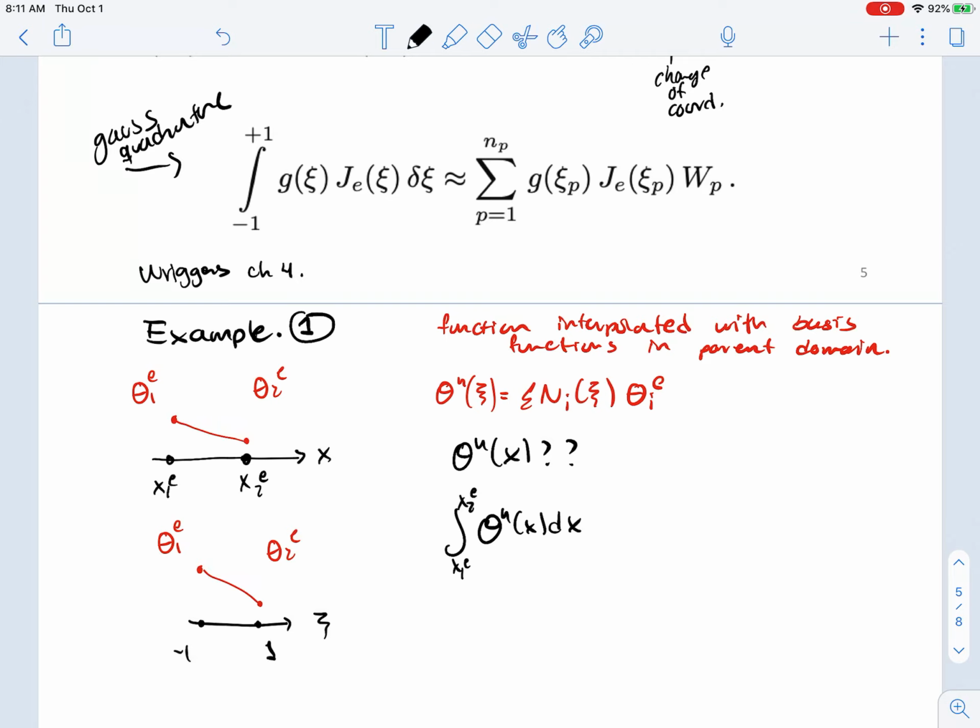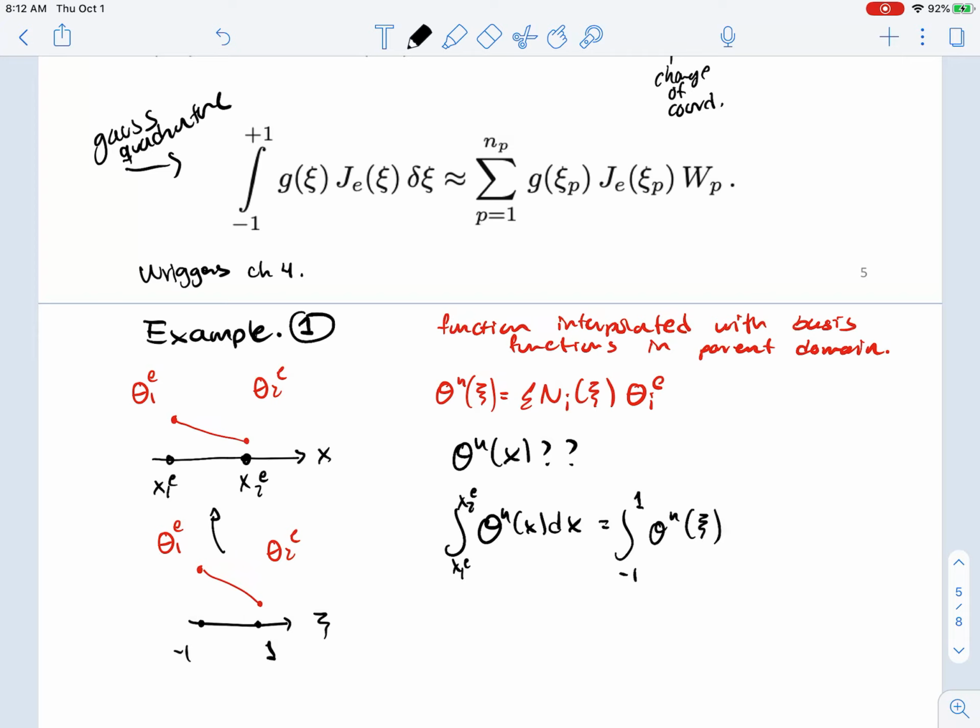So if I ask you to compute the integral of theta h as a function of x, dx, from x1e to x2e, you cannot even do that directly because you only have the interpolation explicitly in terms of psi. In order to get it in terms of x, you would have to somehow find the inverse map. You have the map that goes from psi to x, but you don't have the inverse map.